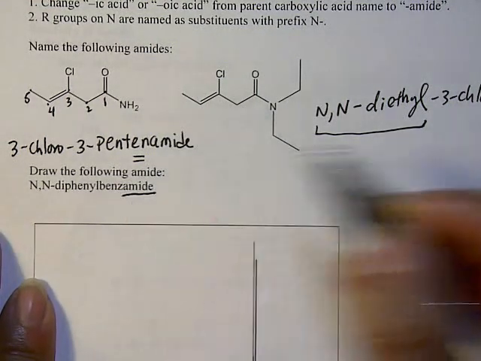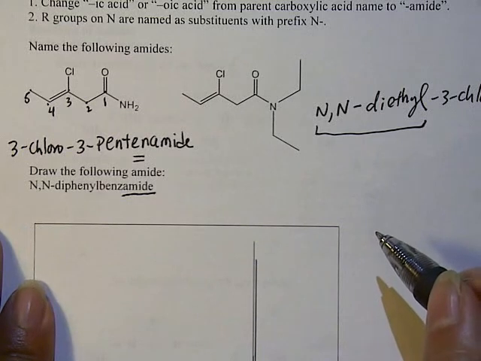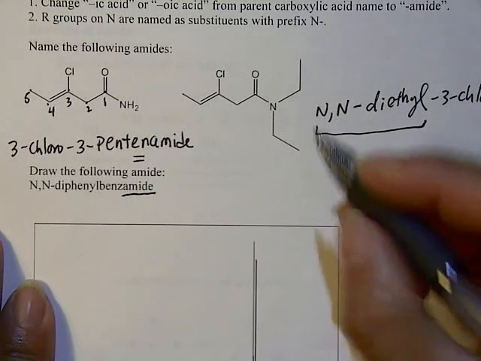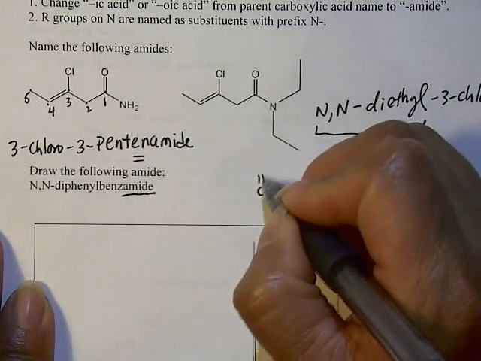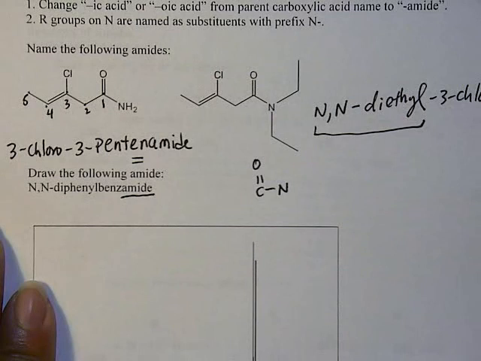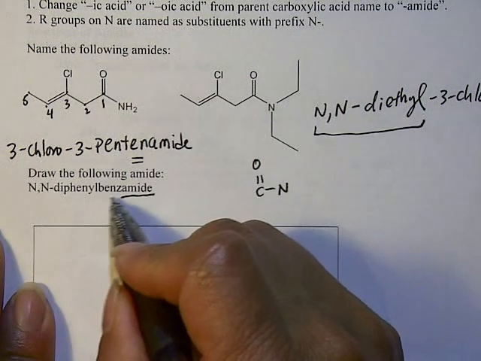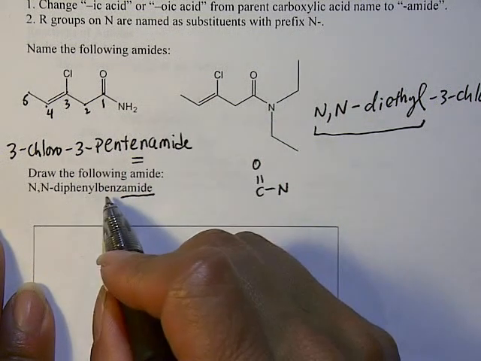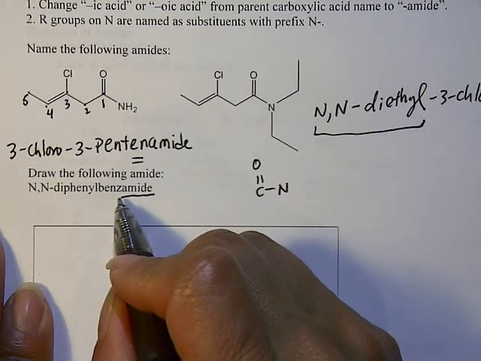So you go back to the end of the name that tells you what kind of functional group you have. So you know that you have an amide. So you have some kind of C-double-bond-O and then N attached to it. That's what's indicated to you by amide. So the root name is from benz, so this is a carboxylic acid derivative from benzoic acid.